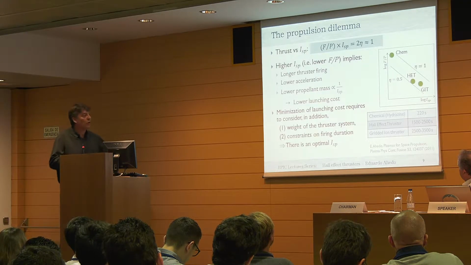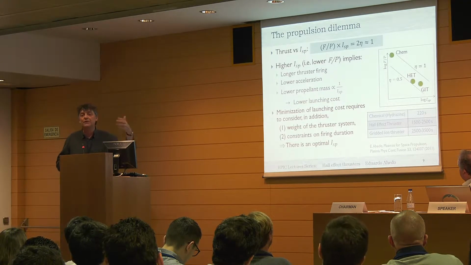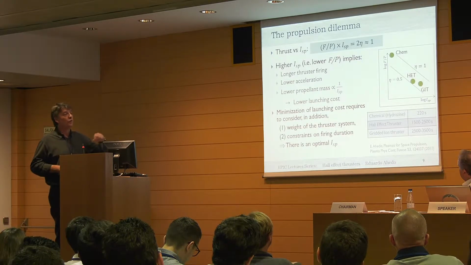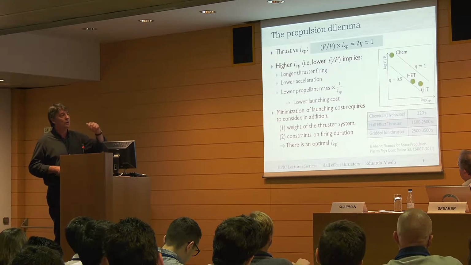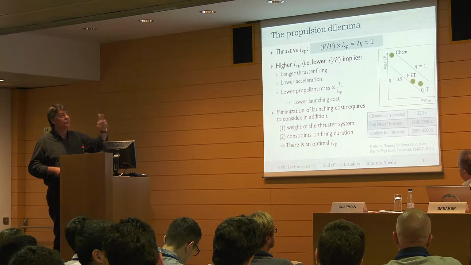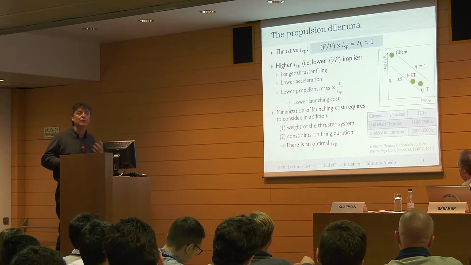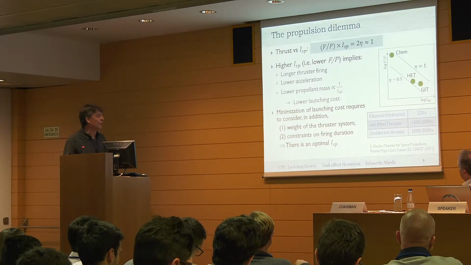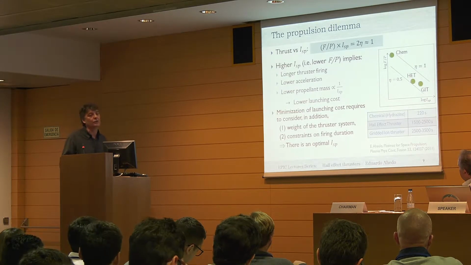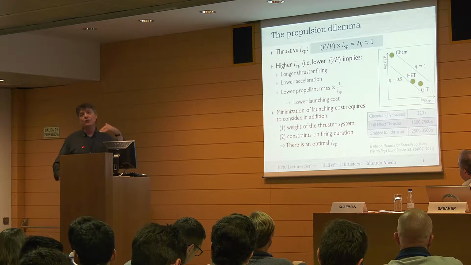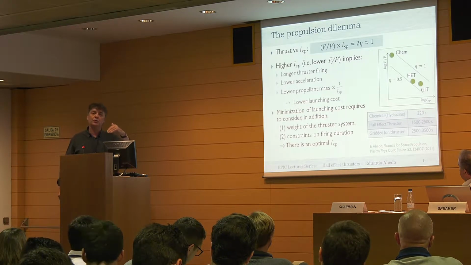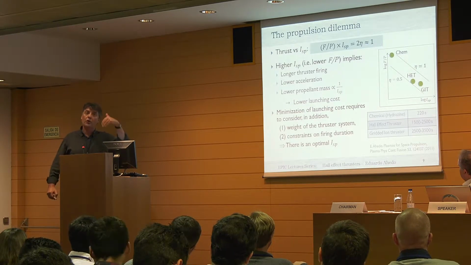We have the mass of the thruster system, the PPUs. We have seen before that the PPU of the T6 weighed 47 kilograms, so this can be a heavy thruster. So we need to take that into account, and we also need to take into account the constraint we have on the firing duration. This was very important in the case of the GEO, the GTO, on the orbit raising, how much time the operators were admitting for the transfer.